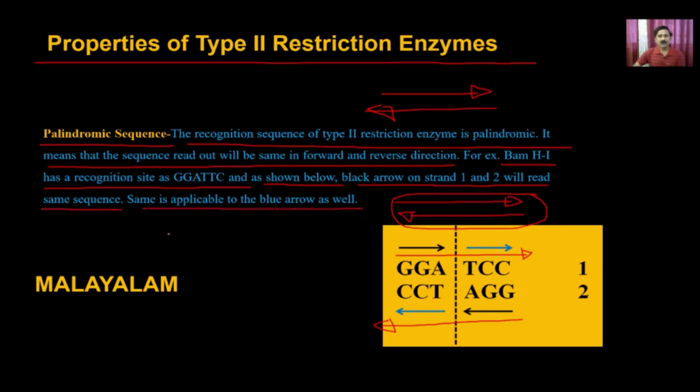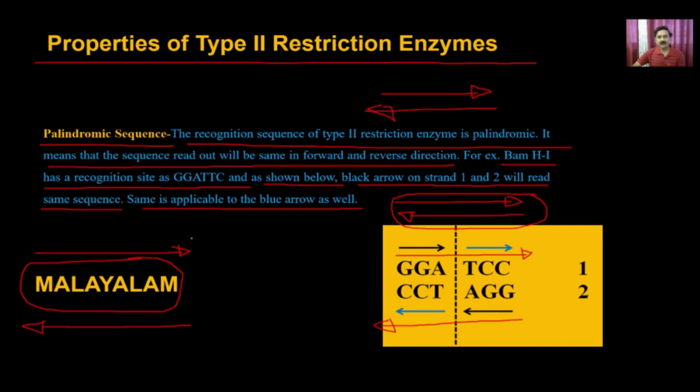You can take a common example like Malayalam. If you read in this direction, it is going to be Malayalam, and if you read in the other direction, it is also Malayalam.